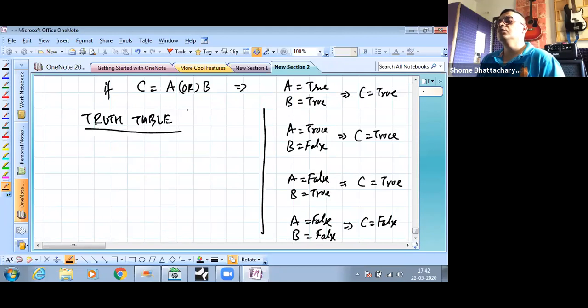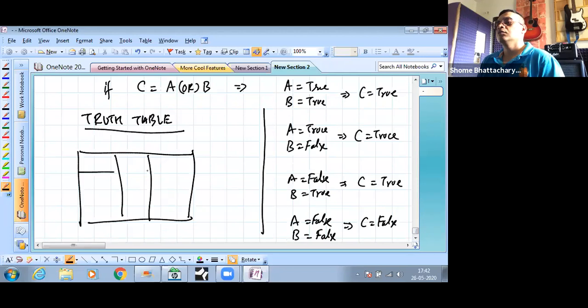So the truth table for the OR function is like this. If C is equal to A or B, then A and B both being false or 0 will give you C as false.